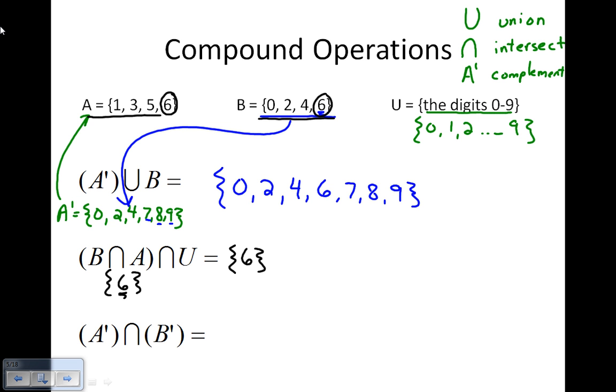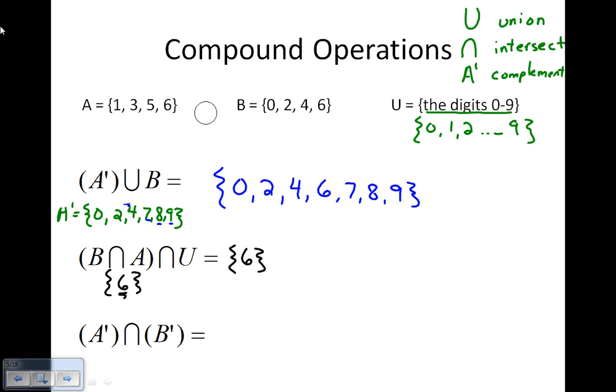The last problem then, let me clean this up a bit, is the complement of A intersect with the complement of B. So we're going to have to do the two parentheses first, and then we're going to have to intersect them. So the complement of A is those things that are not in A that are still in the universal set.